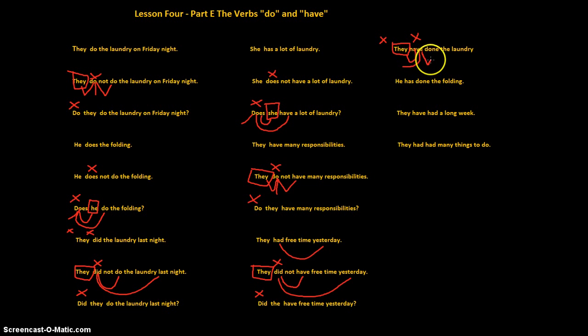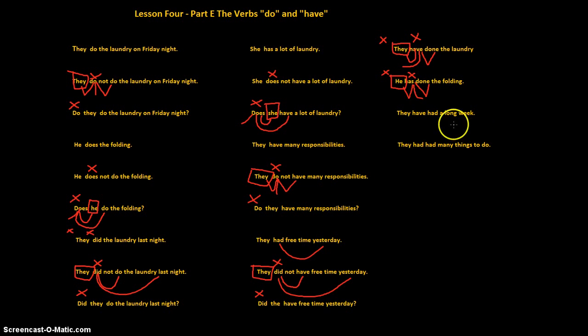And the X word have ties with the DTN form done. He has done the laundry. Has he done the laundry? The subject is he. Has, the X word ties with the subject. Has ties with the present. And has ties with the DTN form done.